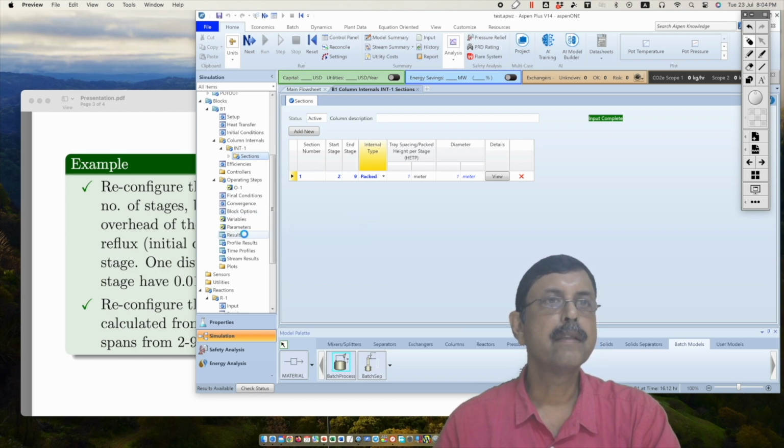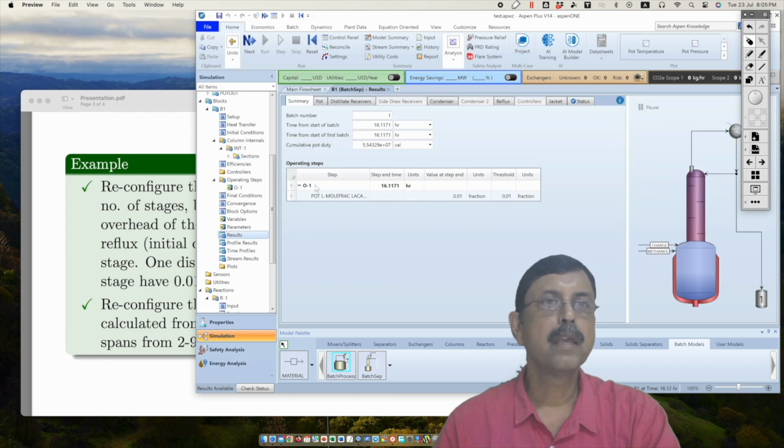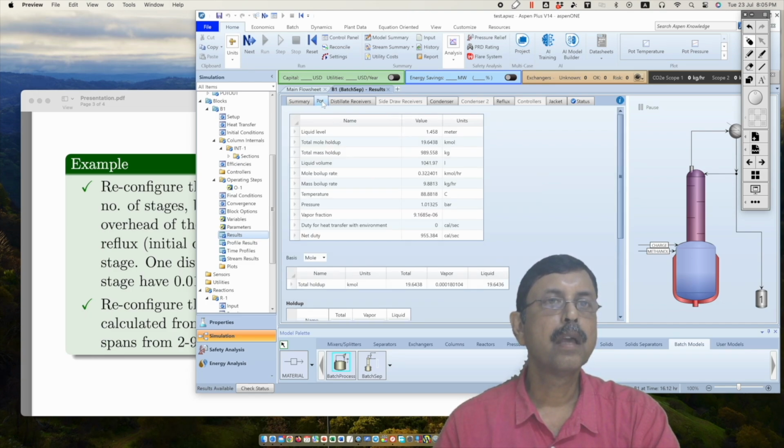Let us go to the results once again. Here you can find the batch time is not changed that much. Here the temperature has reduced a bit and the pressure is almost 1 atmosphere, or it is 1 atmosphere only.